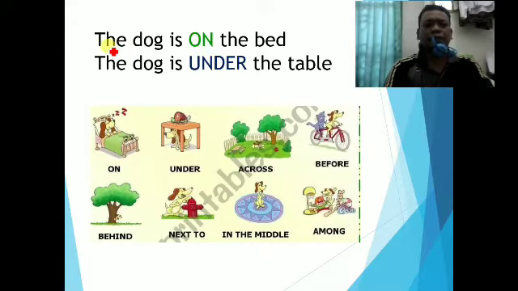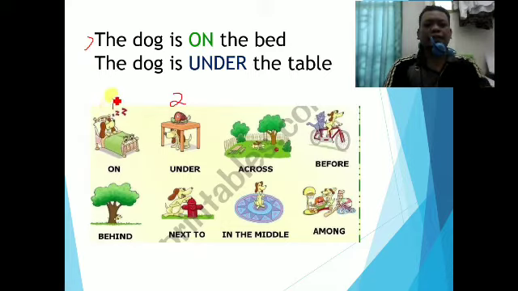The first sentence is the dog is on the bed. Jadi preposition di sini menunjukkan posisi the dog. The dog is under the table. These two sentences represent these two pictures, the picture number 1 and the picture number 2. The first picture is represented by the first sentence.